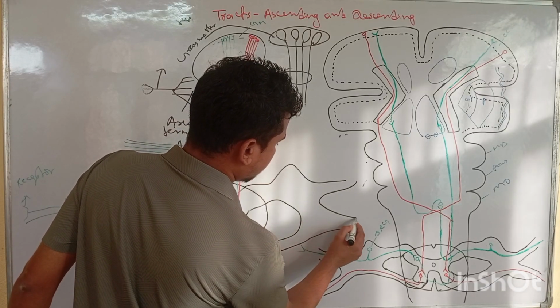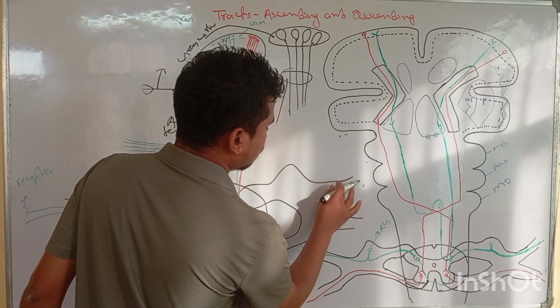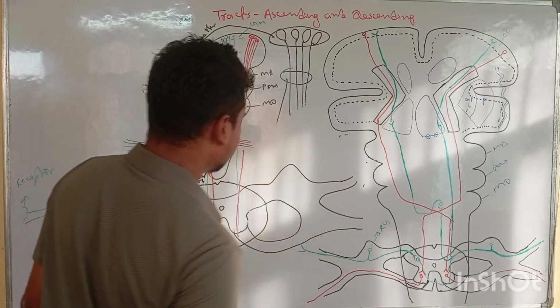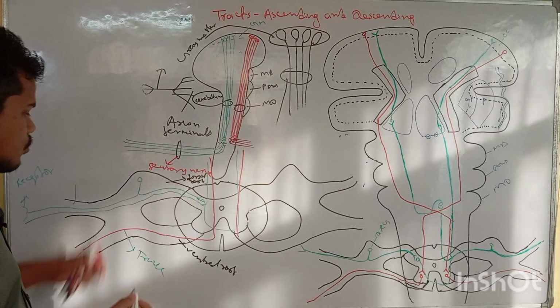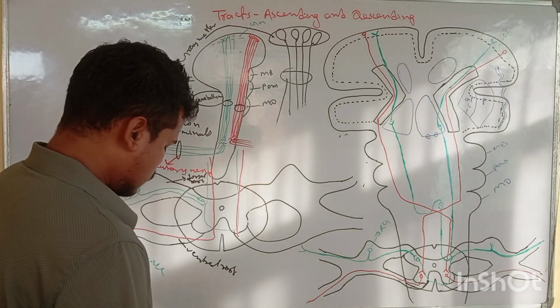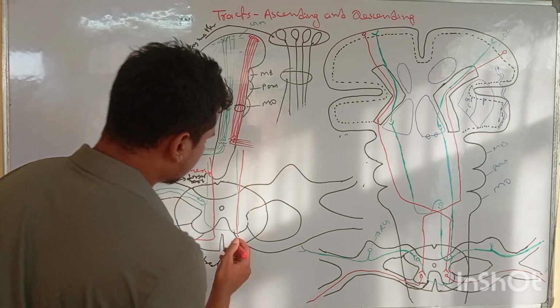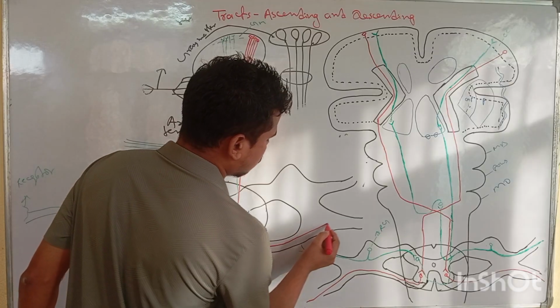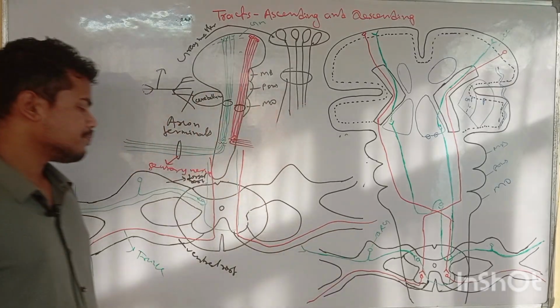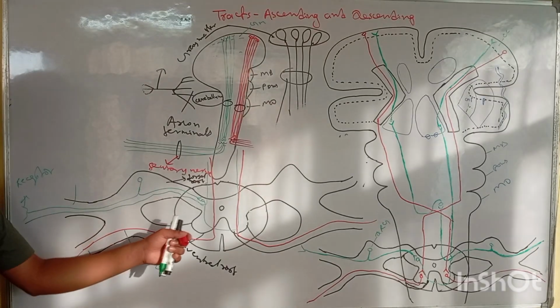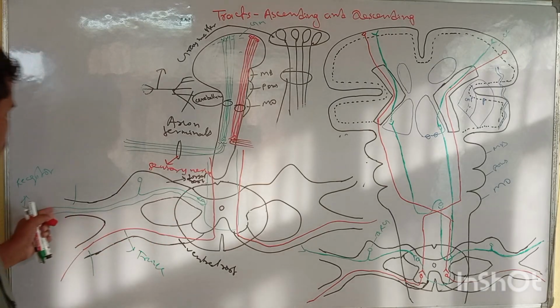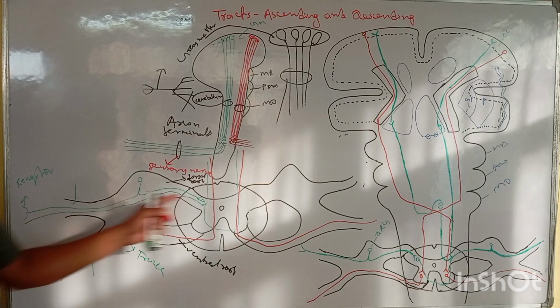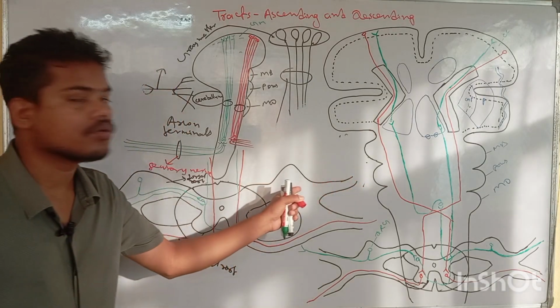Here it will form the dorsal rami, and this will be the ventral ramus. So on this side also, the motor fiber will exit through the ventral root, and in the same way the sensory fiber will enter through the dorsal root.